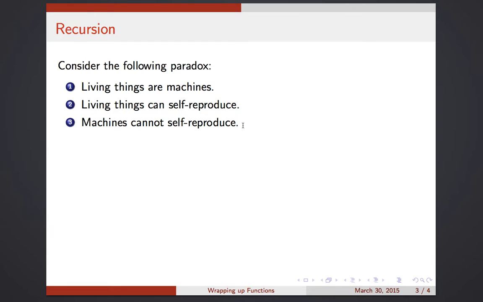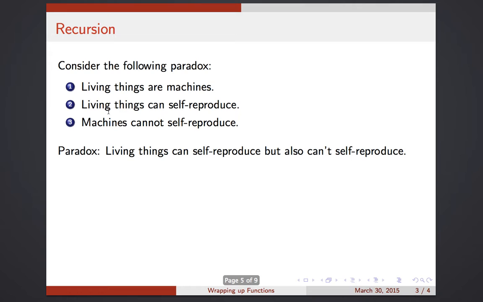So here are three premises. Once I've explained what I mean by 1, hopefully 1 and 2 are just clear to you. You understand what they're saying and you understand that they are true. I'm going to give you an argument for 3 in a second, but let me first point out that these three premises combined give you a paradox.